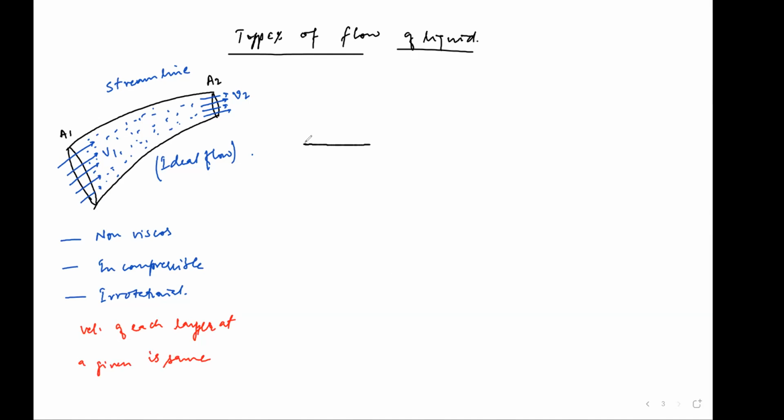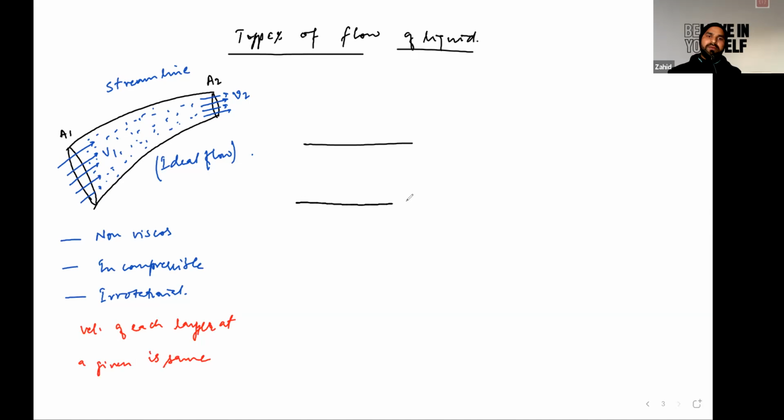Now suppose there is a tube having uniform cross-sectional area and there is some viscosity between each layer. So the centralmost layer will move with maximum velocity and all its adjacent layers will experience some opposing force due to the neighboring layer as well as due to the side wall of that tube. So they get lesser velocity as compared to the central part.